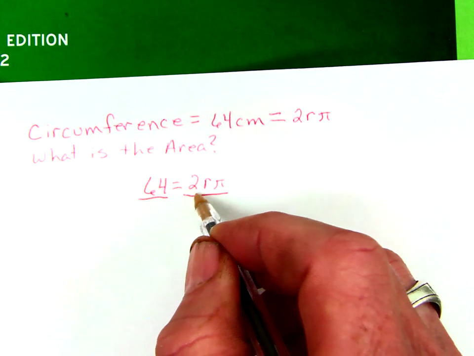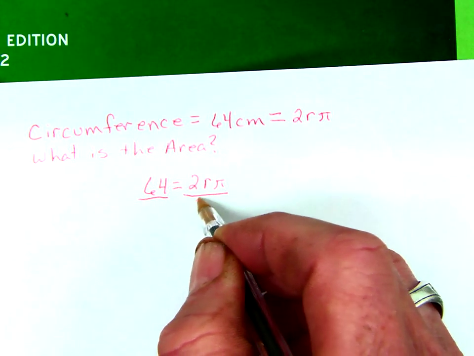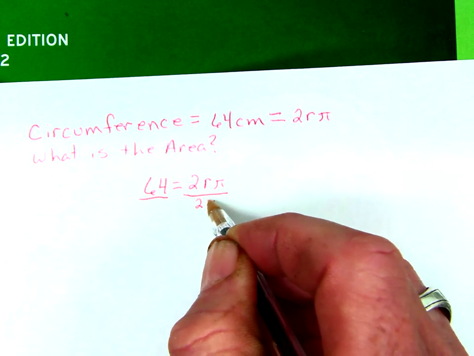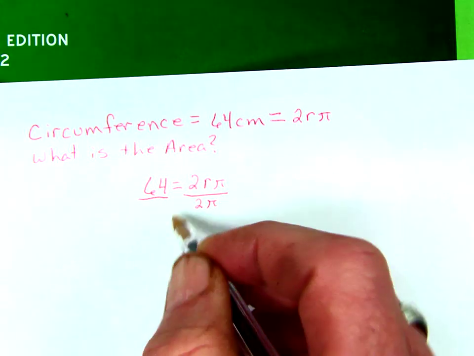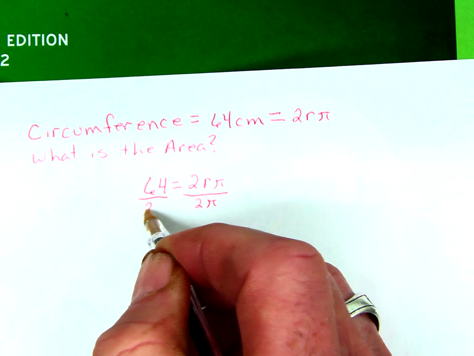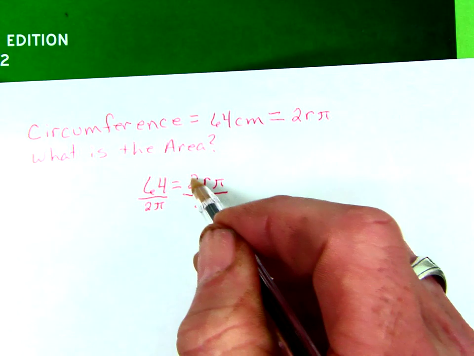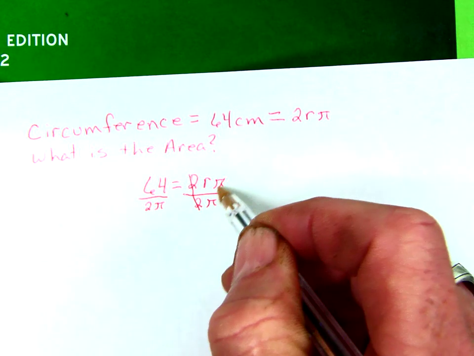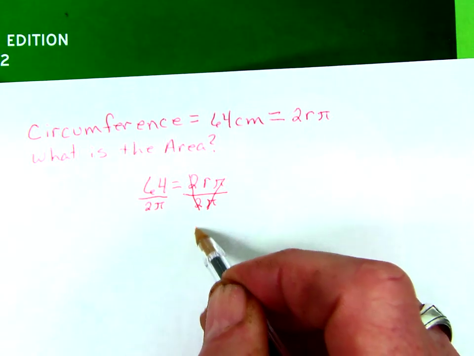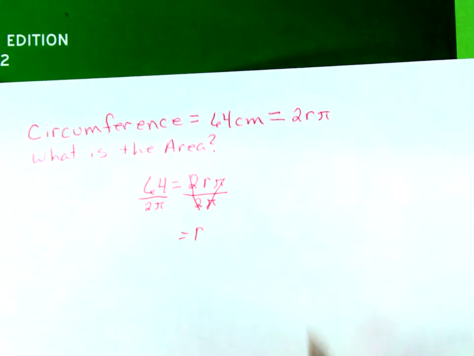So here we go. I'm going to divide this side by 2 and pi. 2 times pi. So I must divide this side by 2 times pi. That makes this cancel out, and the only thing left on the right is r.